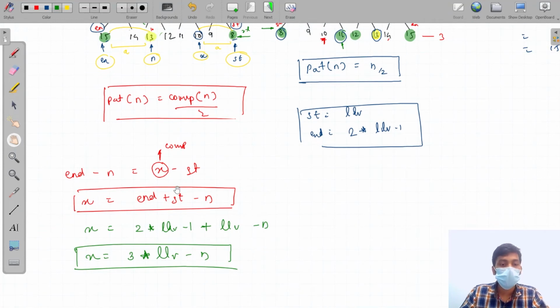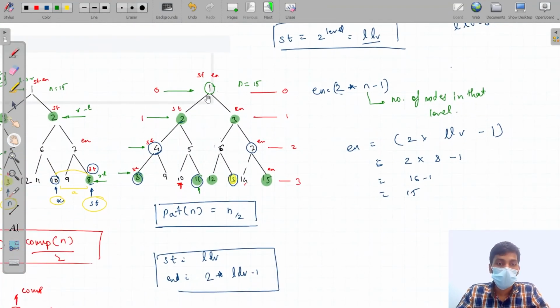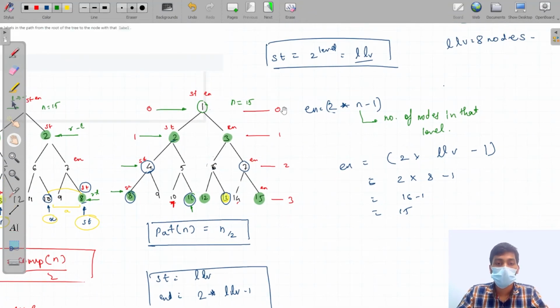Now how to find the starting point and end point? We have seen that the starting point is nothing but the last level value, that is nothing but 2 raised to the power level. What this 2 raised to the power level means is how many nodes are going to be present at this particular level.